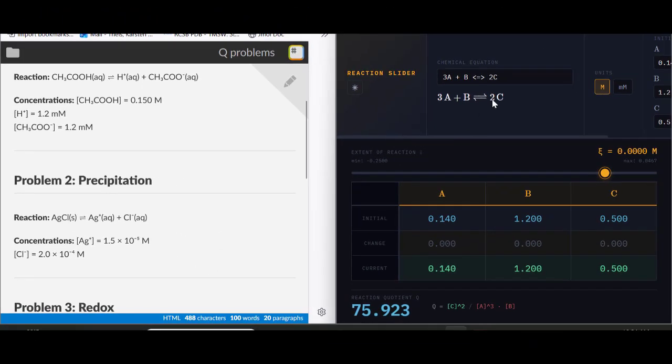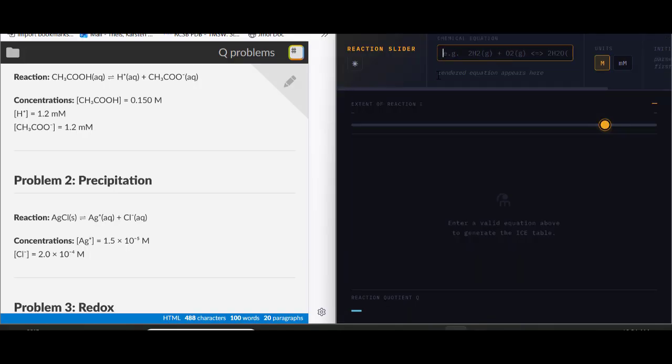So the way we would set this up here is you write in the equation. So we have AgCl, and that's a solid, and that's important now because solids are treated differently in the reaction quotient.